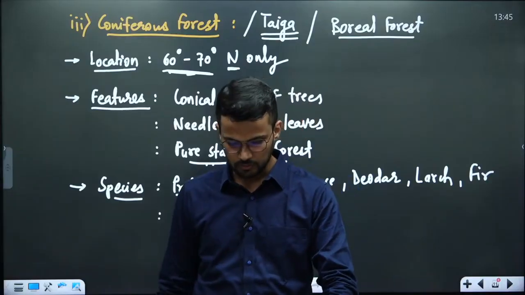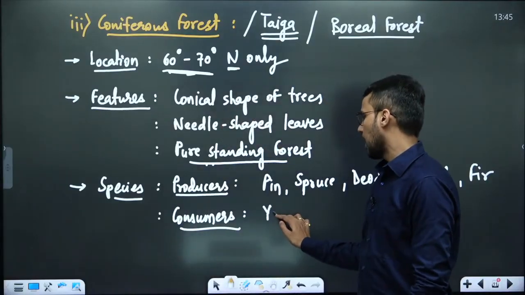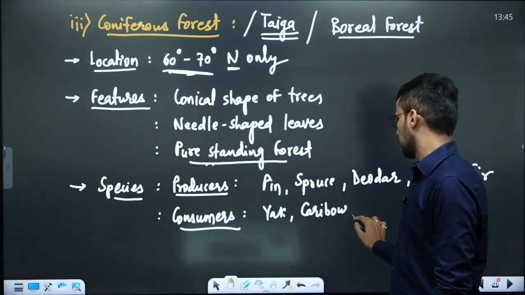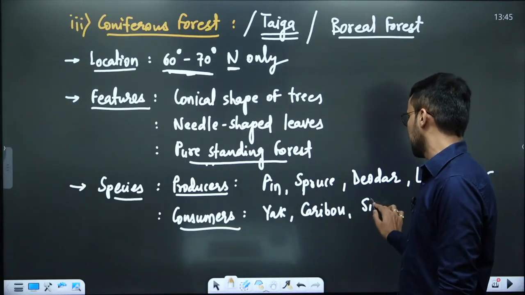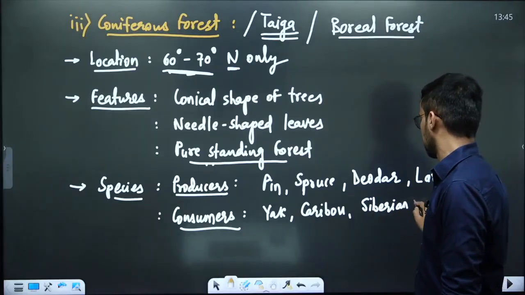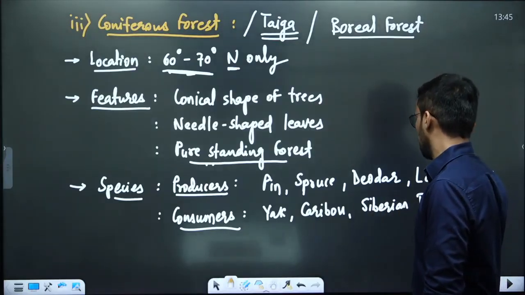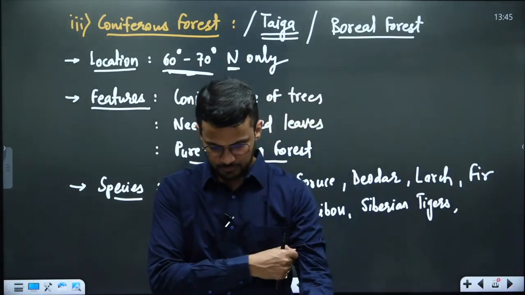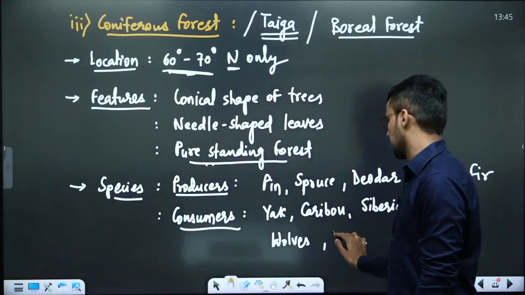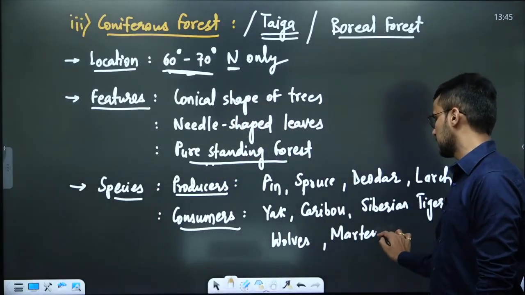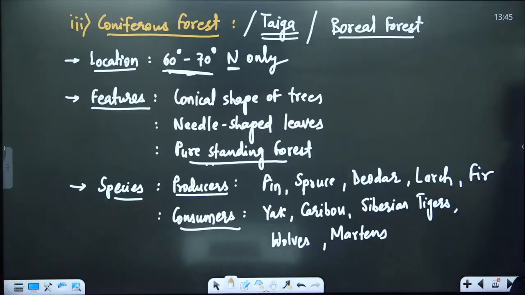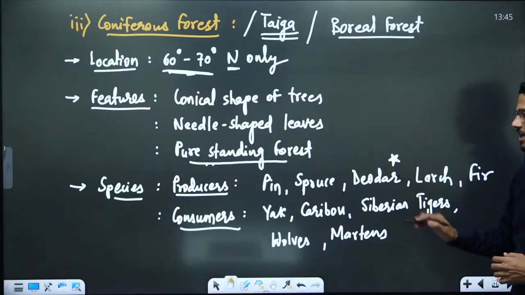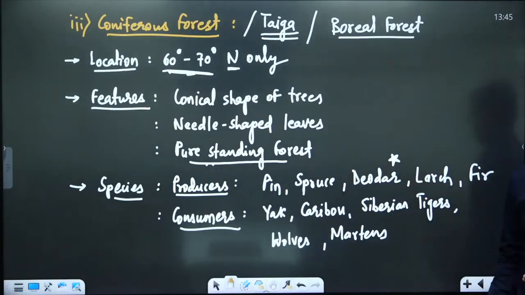Consumers. What kind of consumers are there? Yak, caribou, Siberian tigers, wolves, martens. ये नाम घर पे जाके गूगल करने हैं प्लीज, ठीक है? तो स्पेशली दो नॉट एनिमल्स, अगर PYQs का ट्रेंड देखेंगे हम लोग तो इन पे ज्यादा फोकस, प्लांट्स के स्पीशीज पे ज्यादा फोकस, ठीक है?